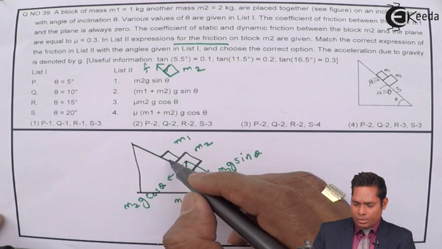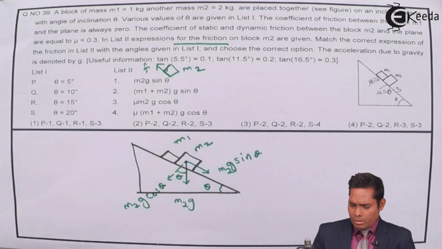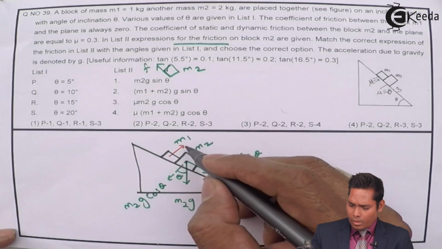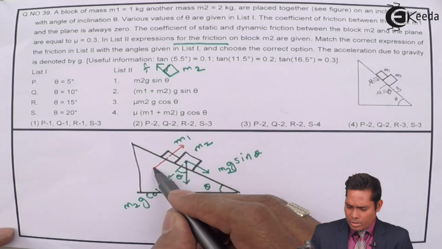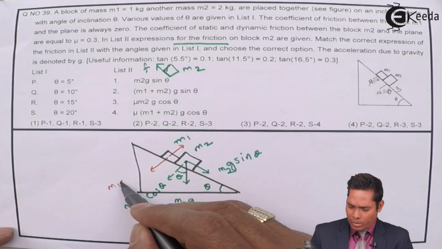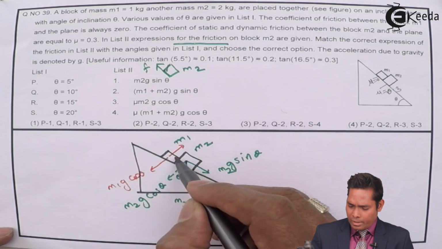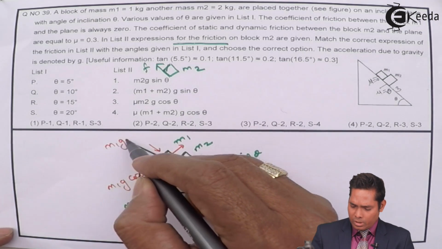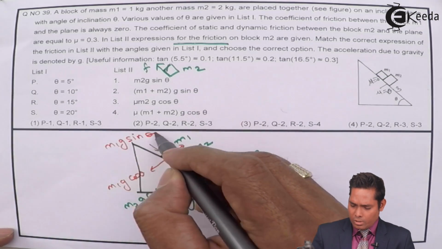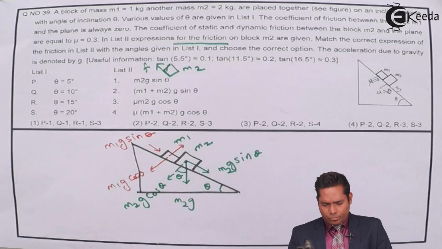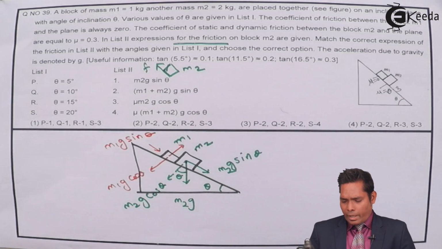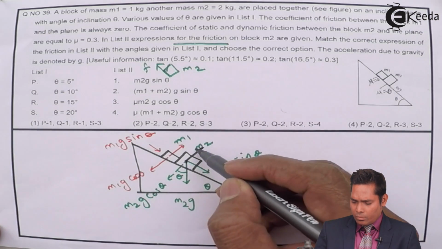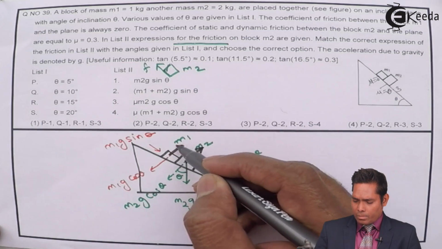Similarly, for this block as well, we'll have in this direction M1g cos theta. In this direction we have M1g sine theta. And if I want to write about the normal reaction, then normal reaction will be in this direction for this block, and in this direction for this block.